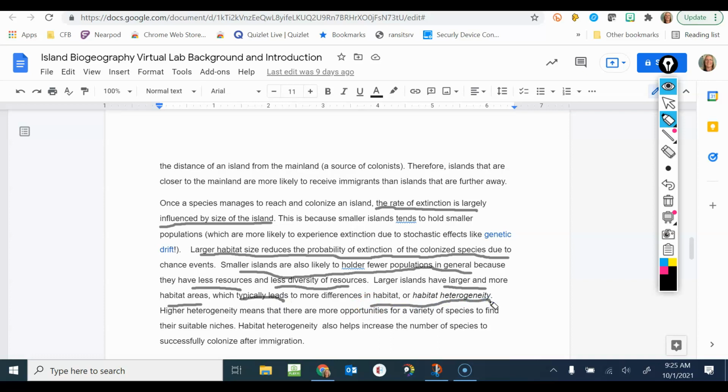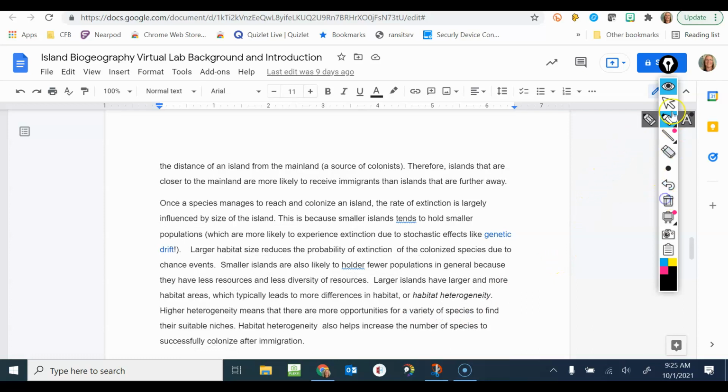And as we found, that heterogeneity, or the differences in those habitats, help make an ecosystem, or a larger island-sized ecosystem, a much better place for species to become successful. It increases the number of species successfully colonizing and gives more opportunities for a variety of species. Yes, you should be writing notes for this.